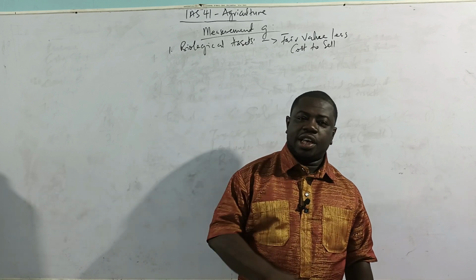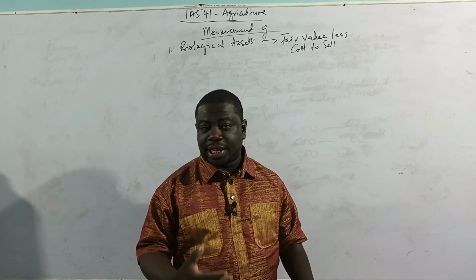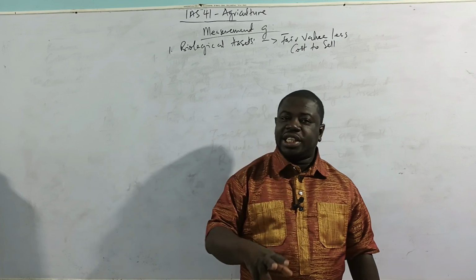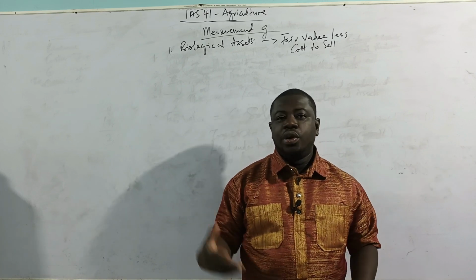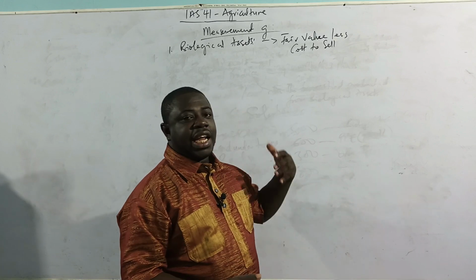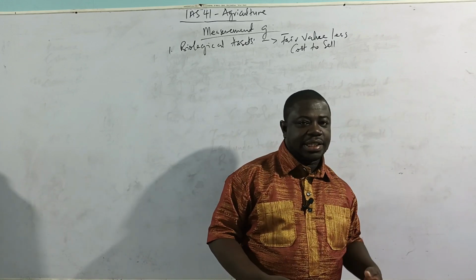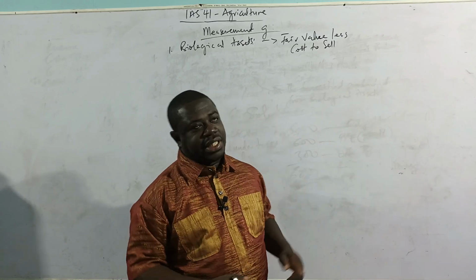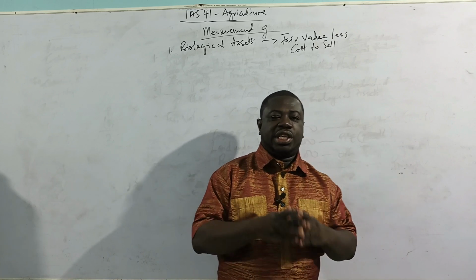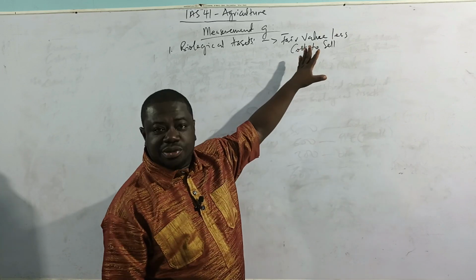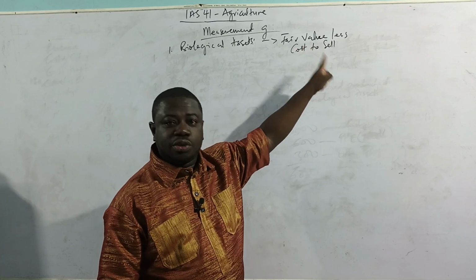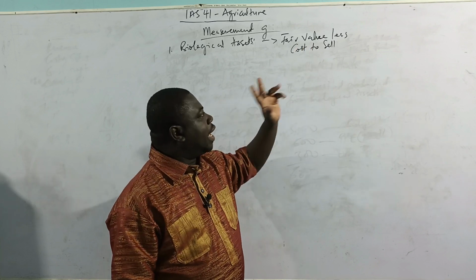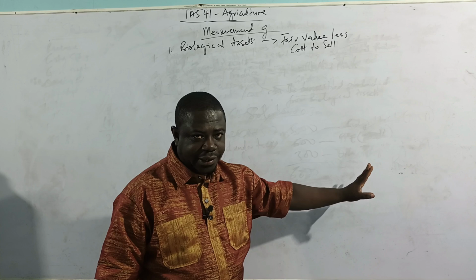Fair value has to do with the amount at which an asset will be exchanged between knowledgeable and willing parties in an arm's length transaction. That is fair value. The cost to sell has to do with the cost you incur in selling that asset. And the standard IAS 41 says that the measurement of biological assets should be based on the net realizable value, which is the fair value less cost to sell. That is what the standard has provided.